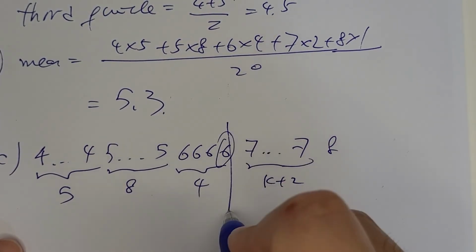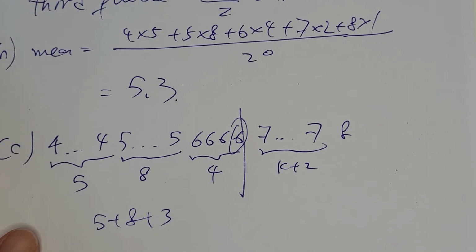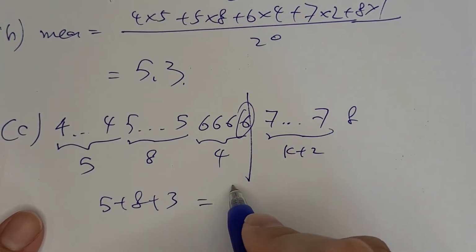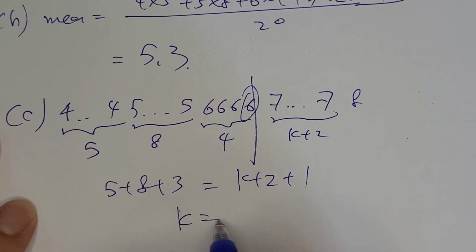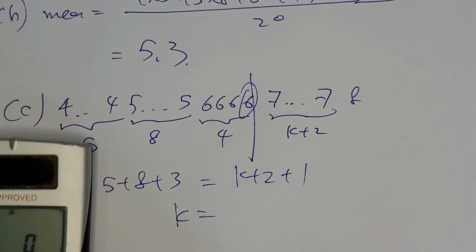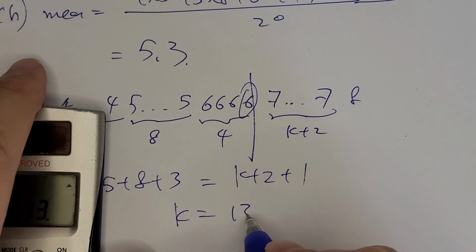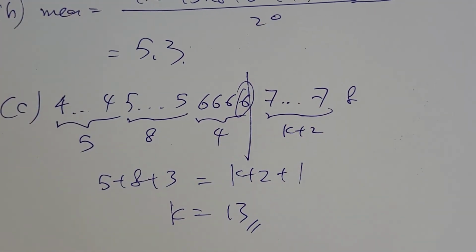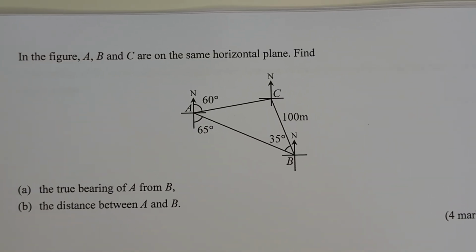So when I consider this 6 as the median, left hand side we will have 5 plus 8 plus 3 data, and right hand side we will have K plus 2 plus 1 data. So when you set up this equation, then you can find K. That is 13. The greatest number of K is 13. So that's the end of question number 7. And go to question number 8.